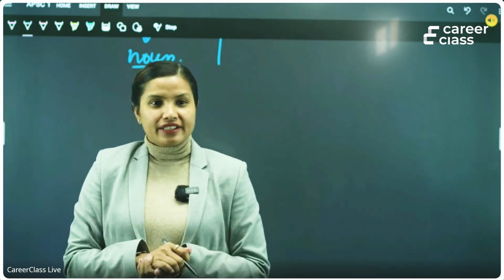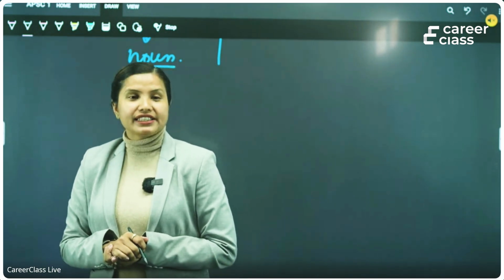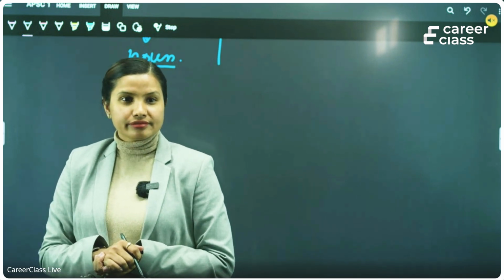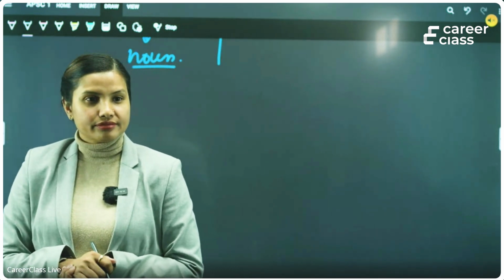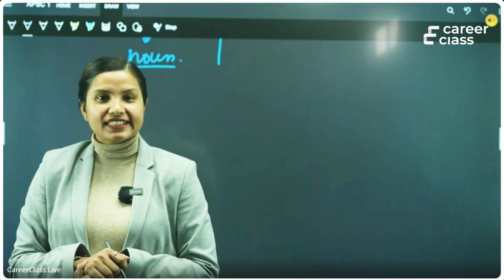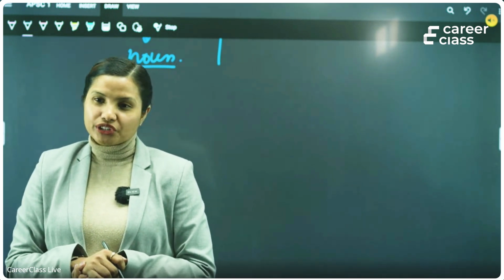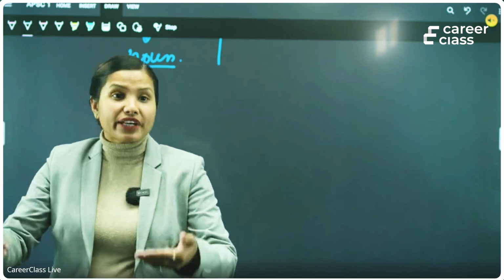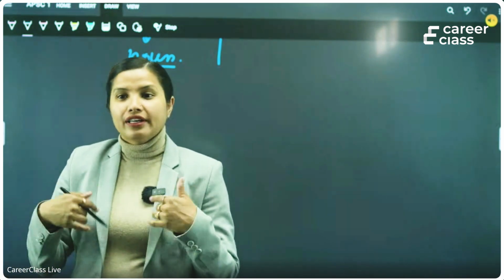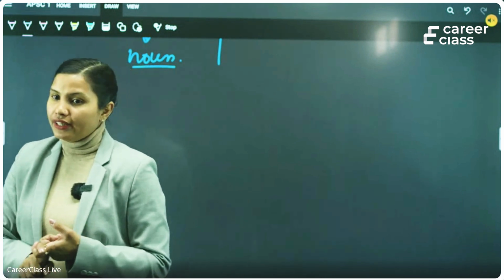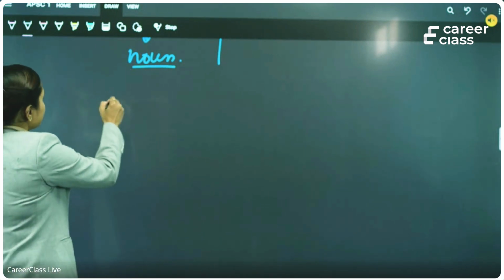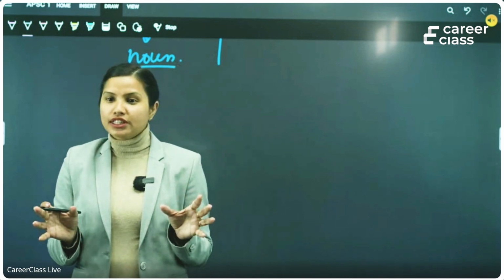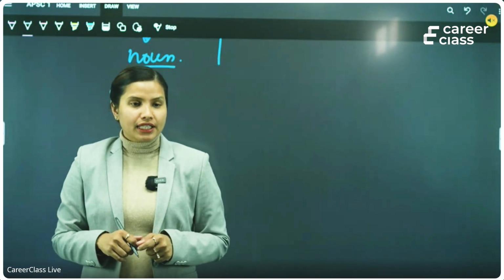Can you give us an example with affect? COVID has affected almost all of us, right? So it is a verb form. Any other example? Any other words that sound similar but carry different meanings?